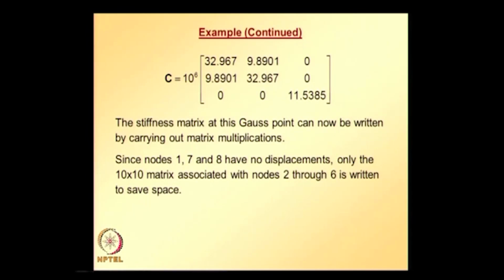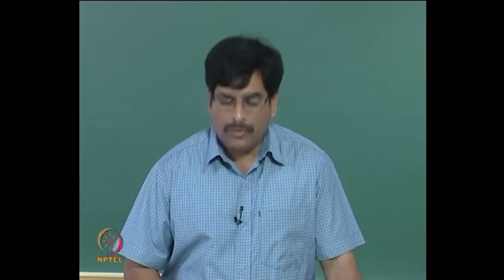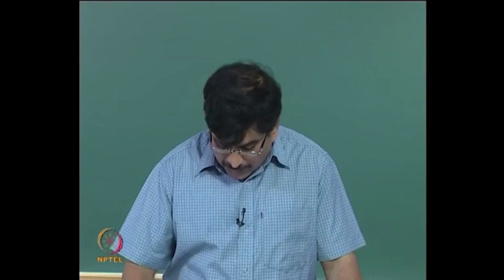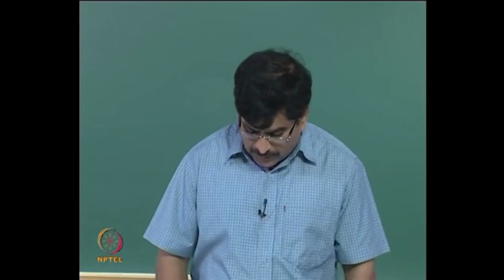So, finally, even if you go to the final reduced equation system, the rows and columns corresponding to the degrees of freedom which are 0 are going to be eliminated. So, they are eliminated at this stage itself to save space.